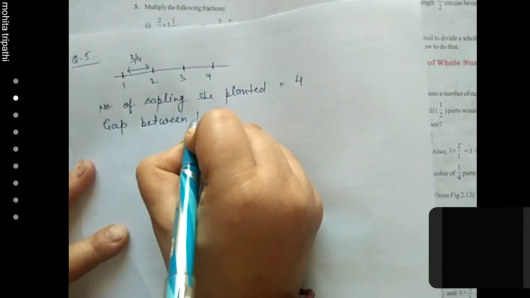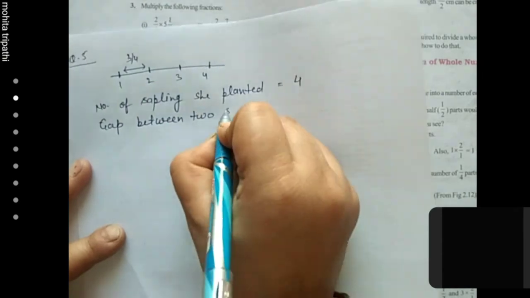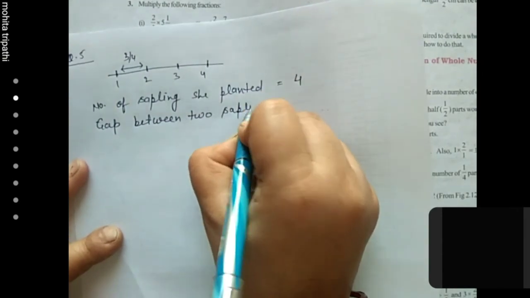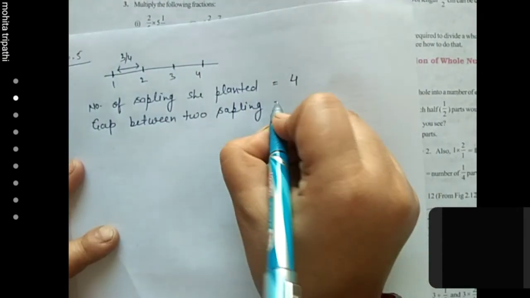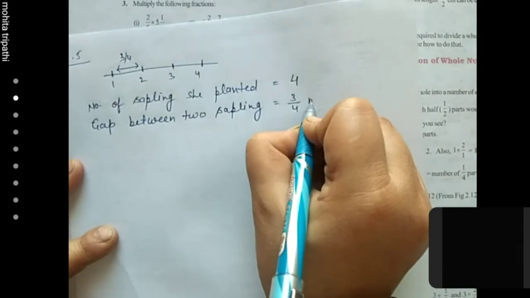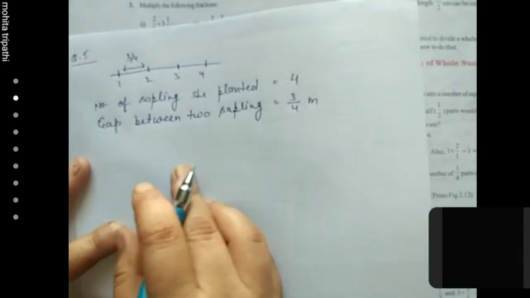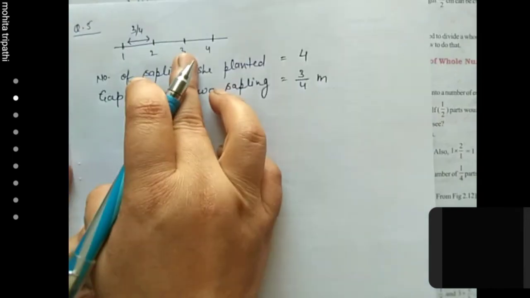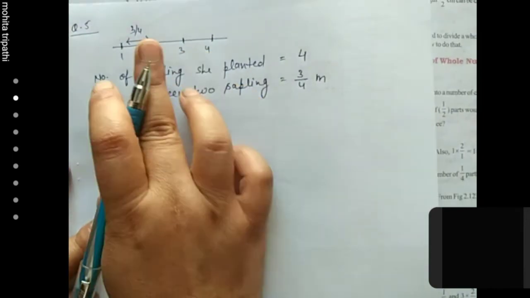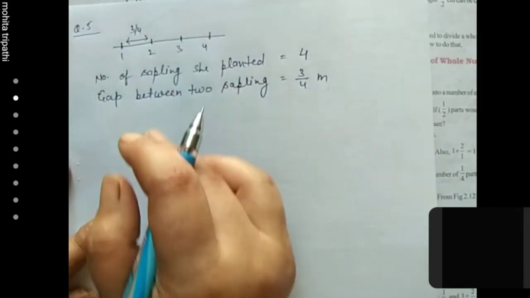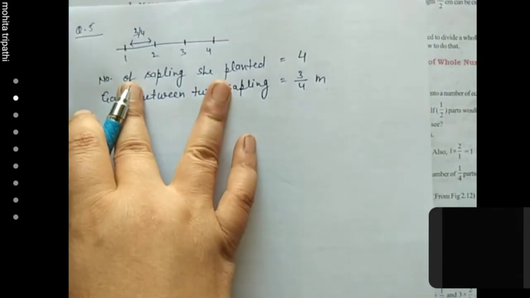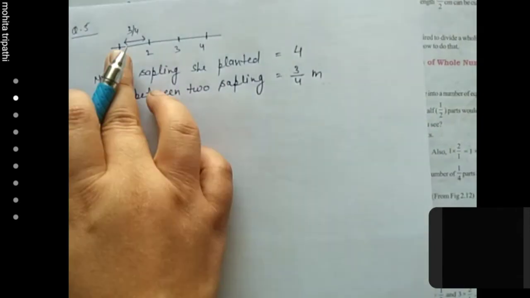So the gap between two saplings is 3 upon 4 meter. Now here the question is, 4 saplings she has planted. The number of gaps between them is 1, 2 and 3.